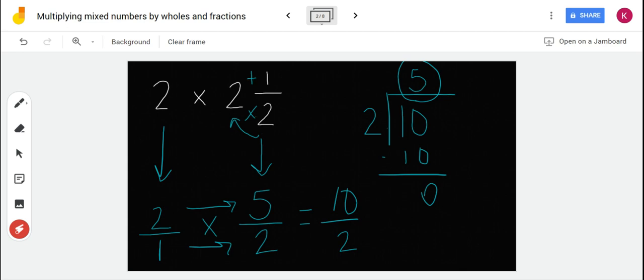Would you call your answer 4 1/2? We can't do that because we just proved that our answer is 5, not 4 1/2. So please make sure that when you do your work, you do not just jump right in and do a whole number times a whole number and tack on that fraction because you're not going to get the right answer if we do it that way.